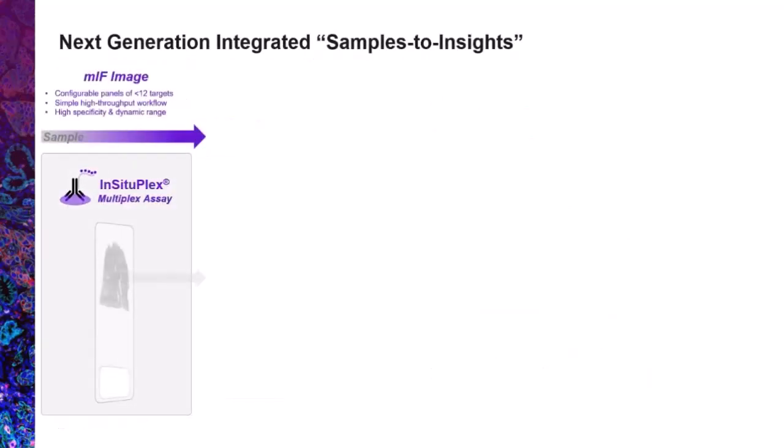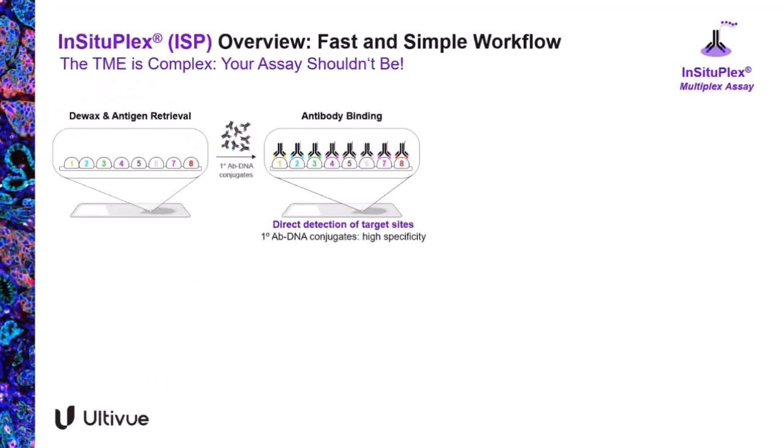Therefore, we really think of an end-to-end approach from samples to insights, where we want to assist. And the first step is our assay technology. It focuses on up to 12 targets, really meant to run on many samples on whole slides. To quickly introduce how it works, it starts with the deparaffinization and antigen retrieval step.